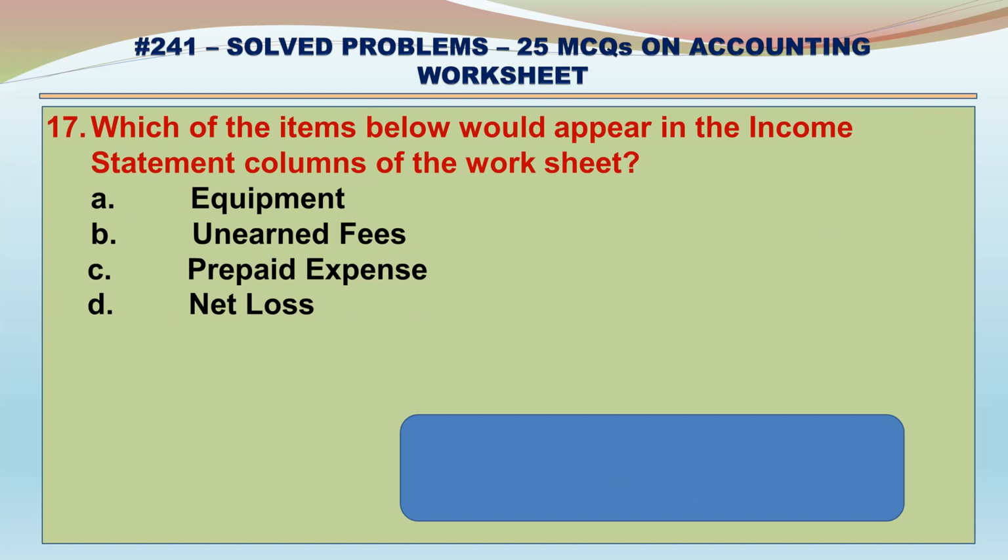17. Which of the items below would appear in the income statement columns of the worksheet? Option A. Equipment. Option B. Unearned fees. Option C. Prepaid expense. Option D. Net loss. Answer B. Unearned fees. 18.